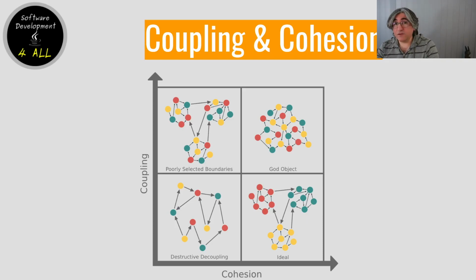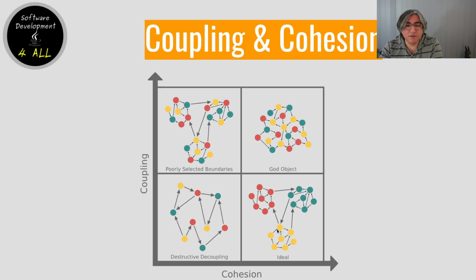Then we'll go to coupling. So module coupling and classes coupling. Basically, what you see here is the desirable trait is low coupling, high cohesion. So what does that mean? If we look at the colors on this screen here, imagine that every color is a module or a class or a unit.